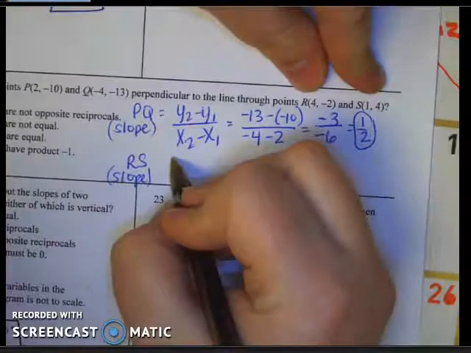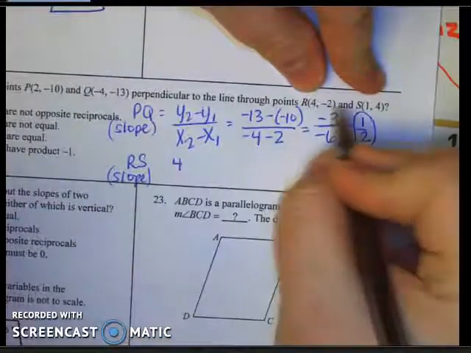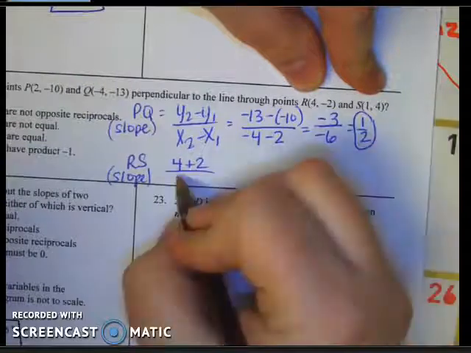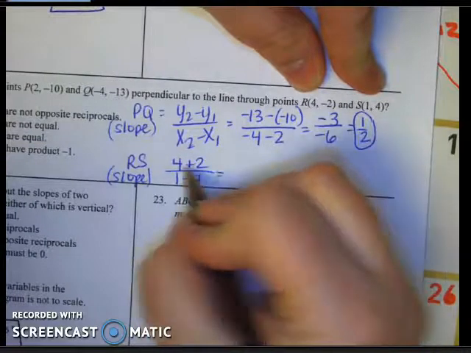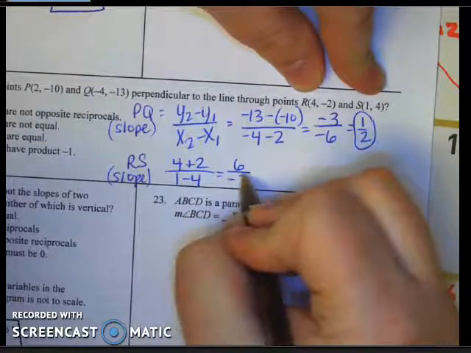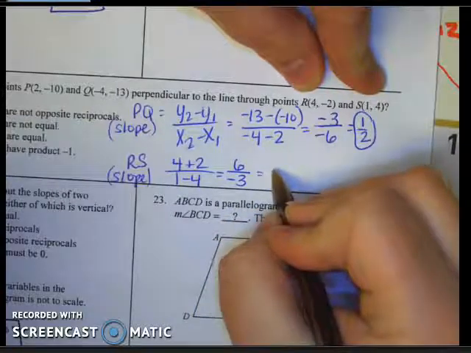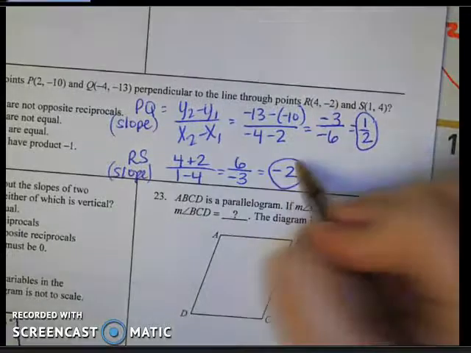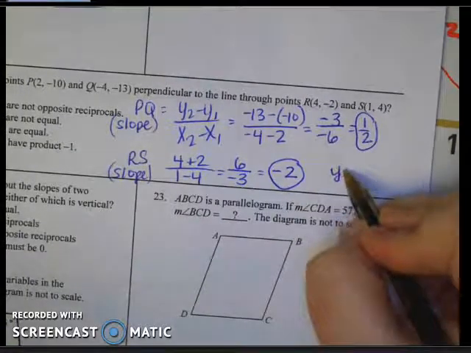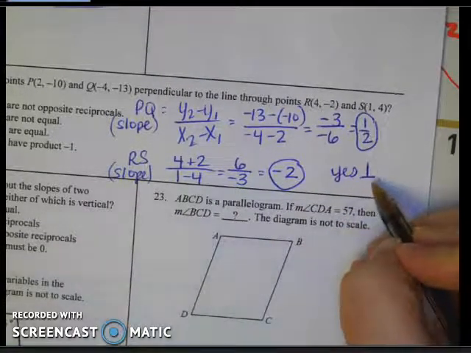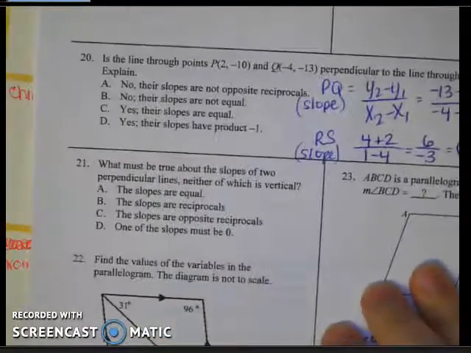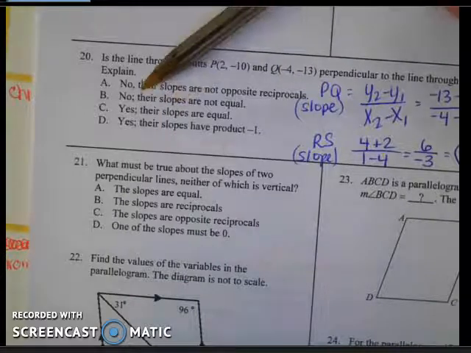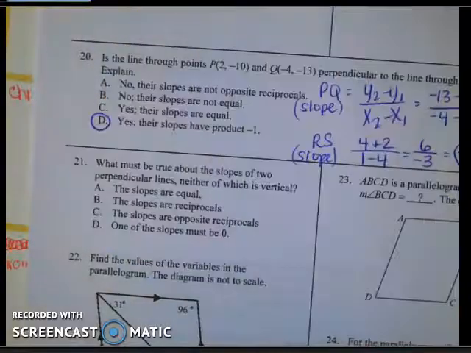So I have 4 minus a negative 2, which is really 4 plus 2, over 1 minus 4. So I have 6 over negative 3, which reduces to negative 2, or negative 2/1. So are these perpendicular? Yes, they are perpendicular. The upside down T means perpendicular. So if we look at our options, D is correct.